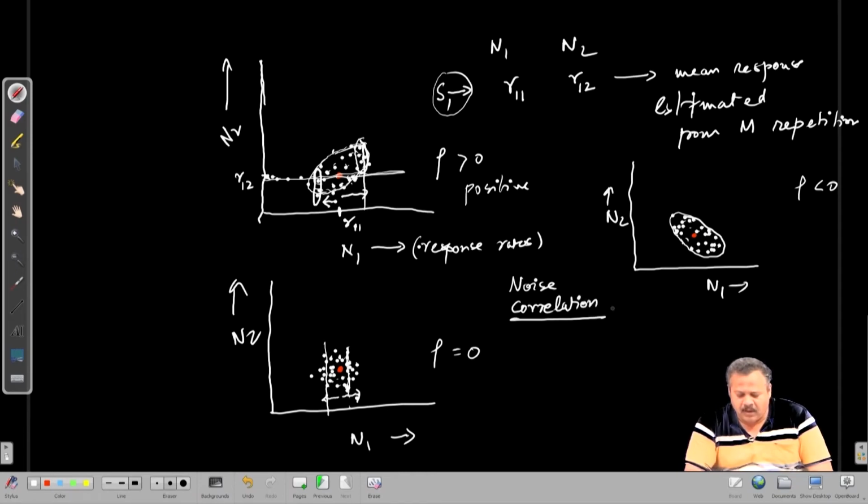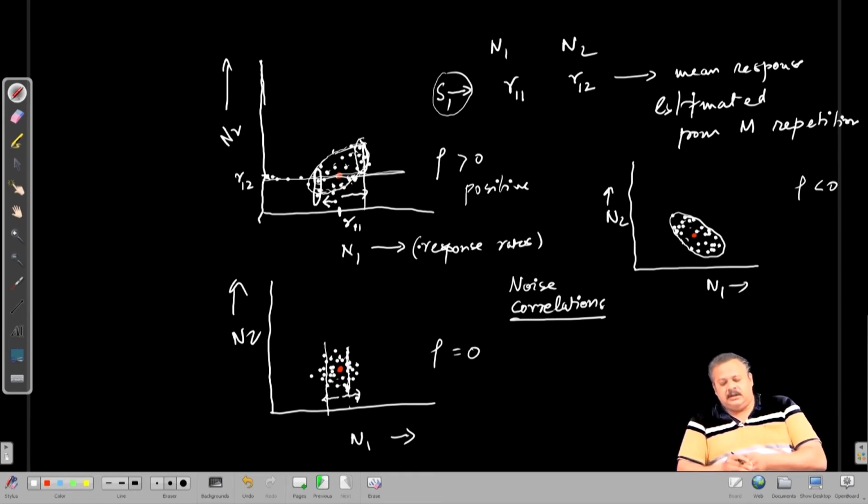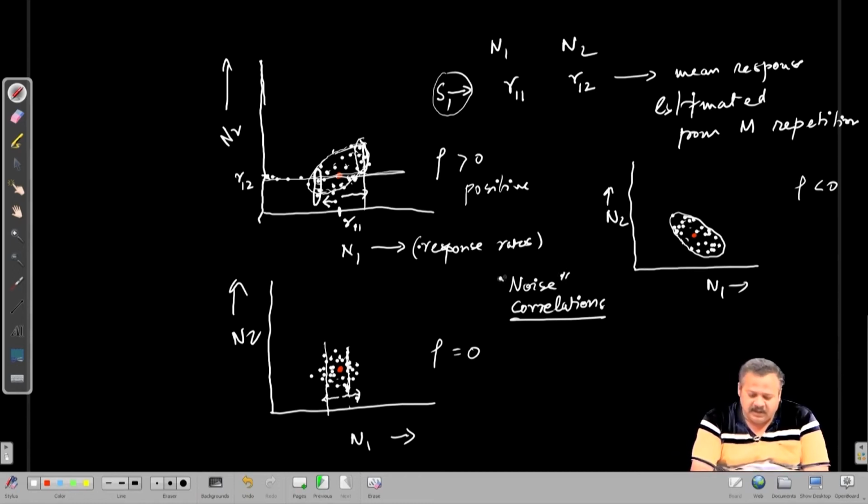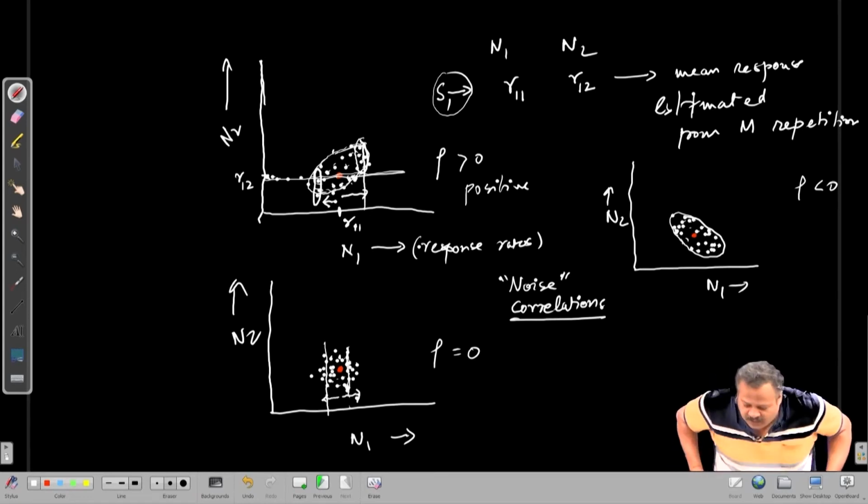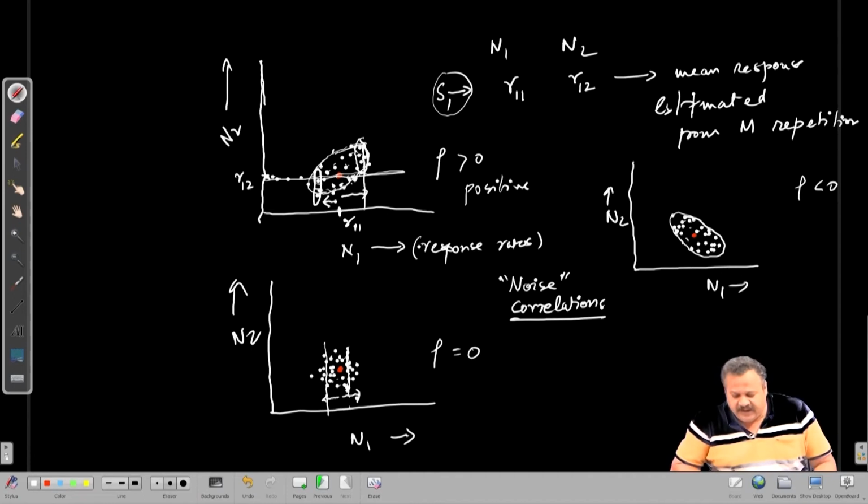Noise here means that the response variation around the mean is what we are referring to as noise. It is not necessarily noise as in not a useful part of a signal, it just means the variation which we otherwise would have treated as noise if we consider only the mean.